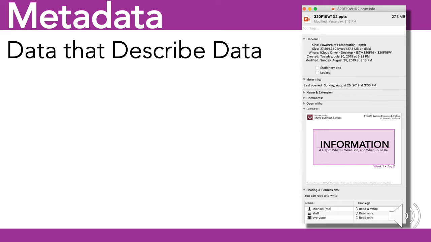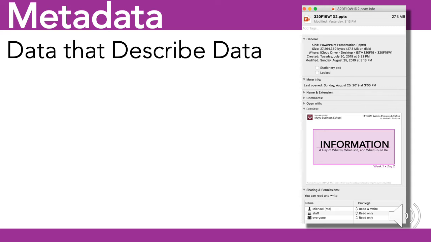This is some metadata about a file, a PowerPoint file. The PowerPoint file we're looking at now, in fact. I'm magical that way. I was able to pull that up, take that screenshot as we're doing this lecture here.